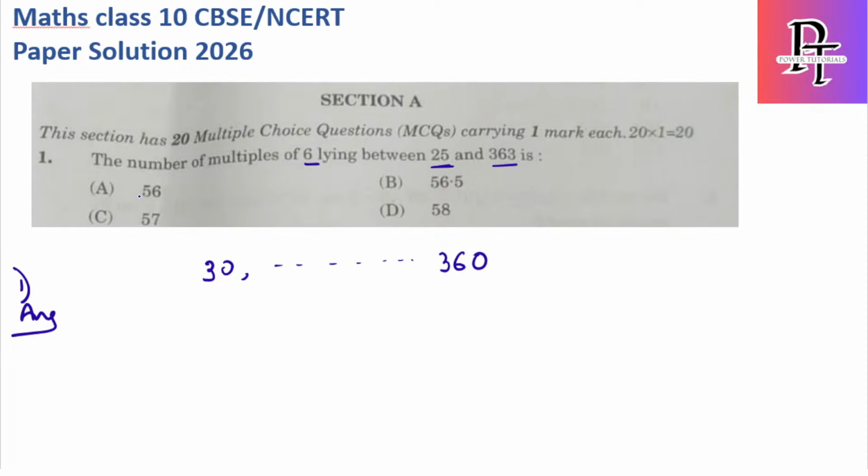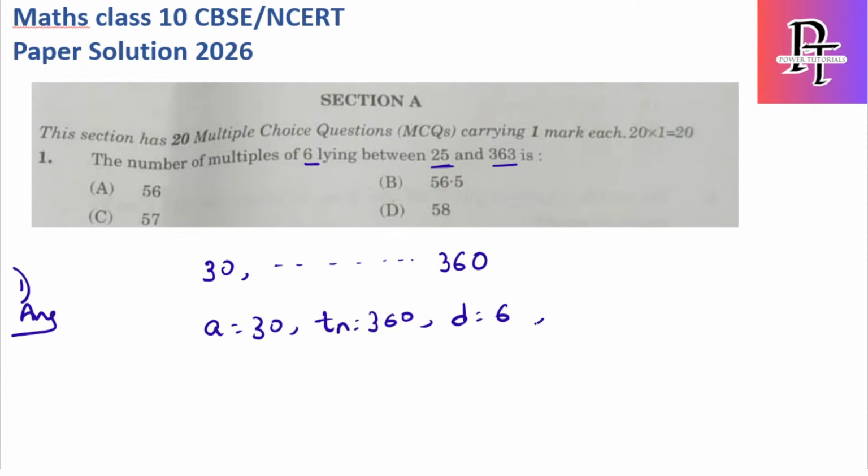Now they are asking the number of multiples. This is simply an AP series where A is equal to 30, and Tn, that is the nth term, is 360. We already know the D value: D is 6 because it is multiples of 6.